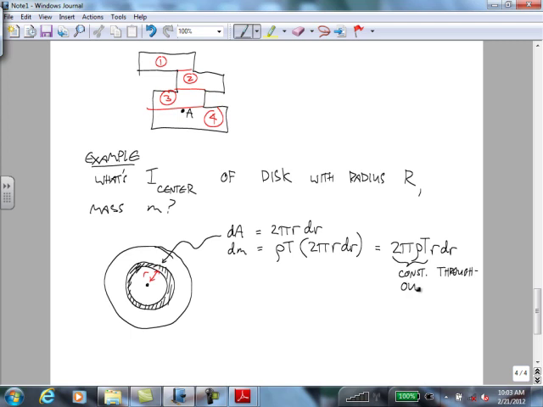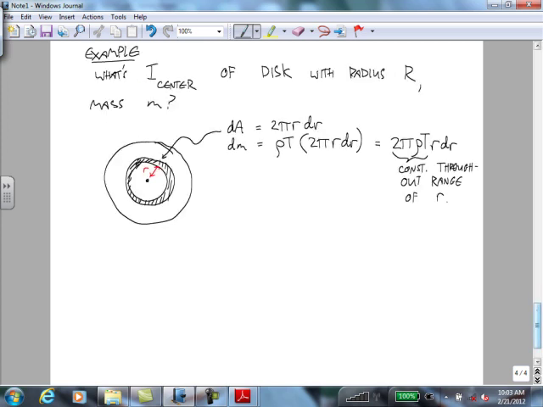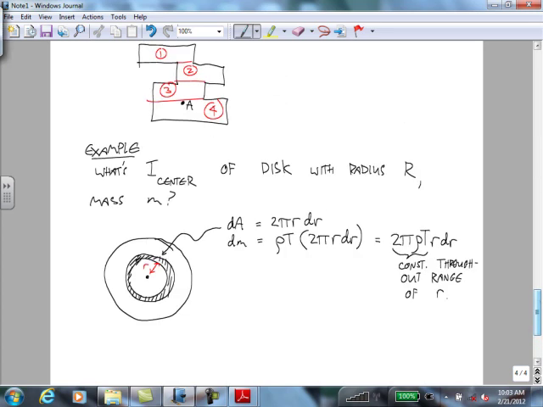The only thing that varies with r is r itself. That's worth saying, I suppose. So that uniform density is the same thing as saying this is a homogeneous body.